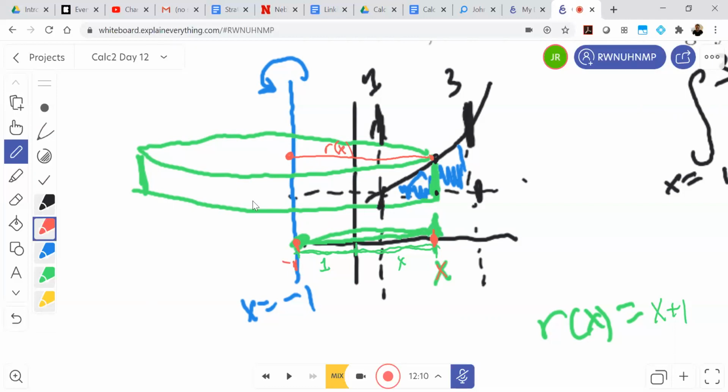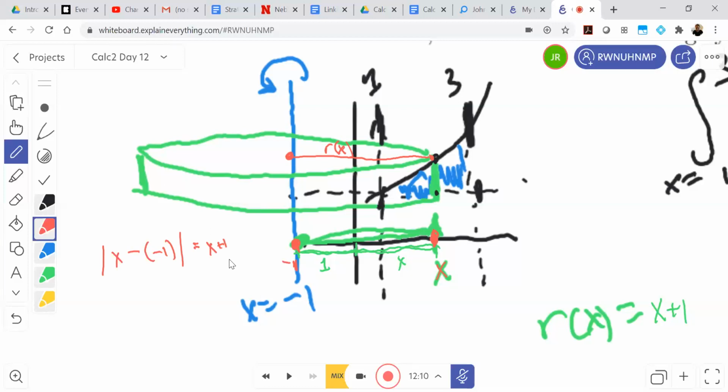And so this distance is equivalent to the distance between an arbitrary x value and -1. And our distance formula says that the distance between x equals -1 and x equals arbitrary x is going to be the absolute value of x minus -1, aka x plus 1.